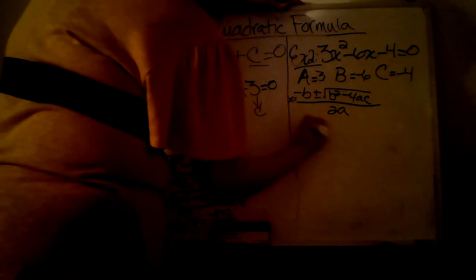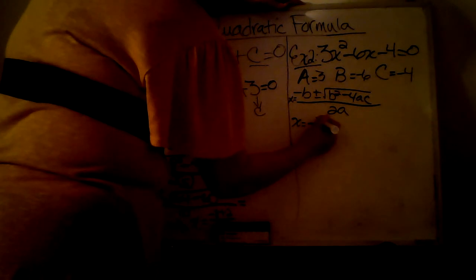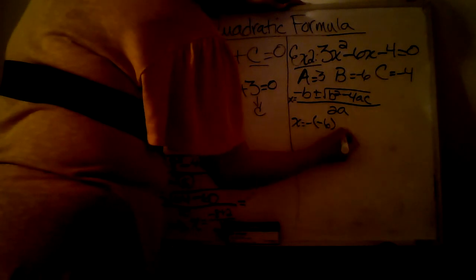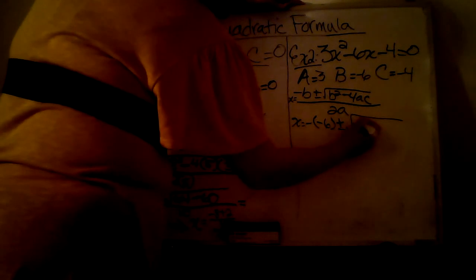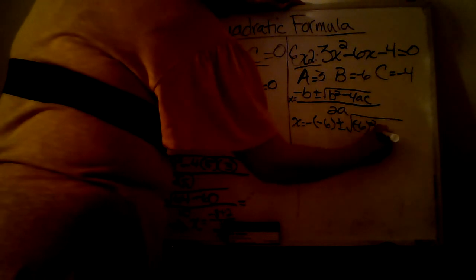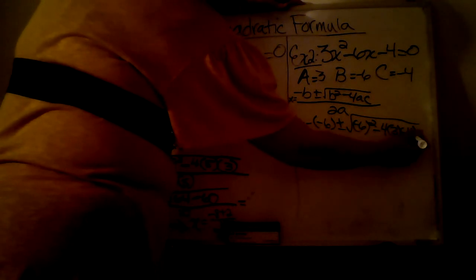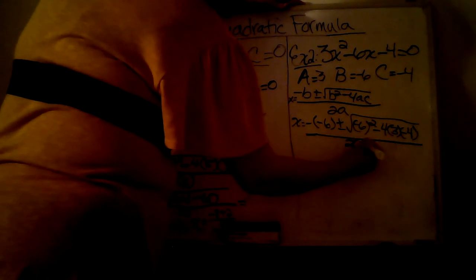We have x equals negative negative 6, so I'll just write that out and then we'll fix it later. Negative 6 plus minus the square root of negative 6 squared minus 4 times 3 times negative 4, all over 2 times 3.